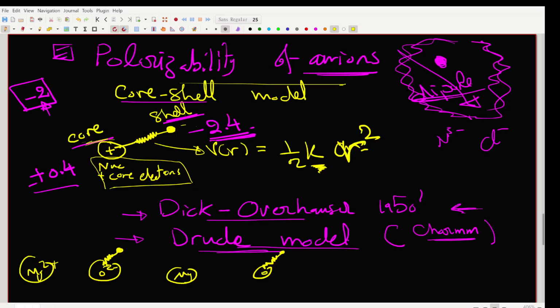The core and shell inside one unit are connected by a harmonic spring, something very, very simple. And surprisingly, such a simple model is capable of representing the polarizability of anions. In physics, it goes under the name Dick-Overhauser core shell model. In biology, it goes under the name Drude model.